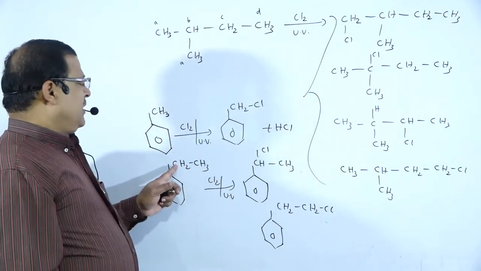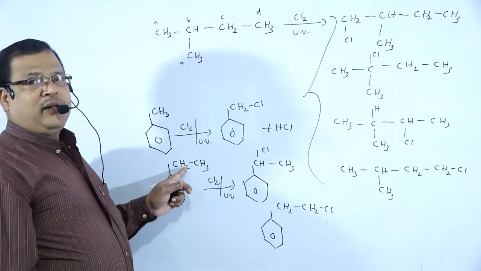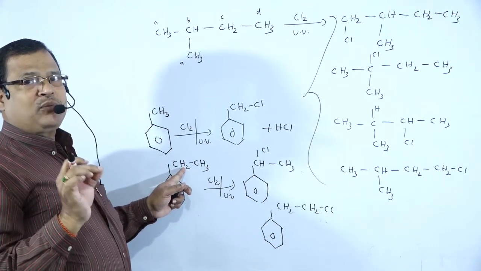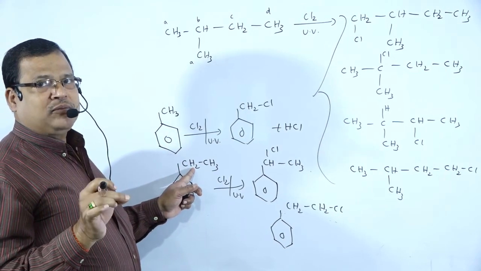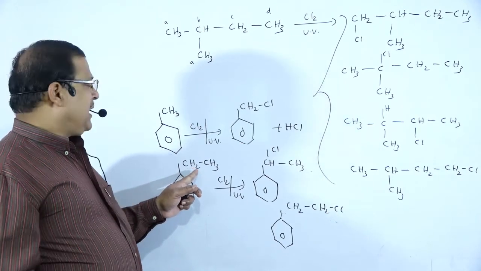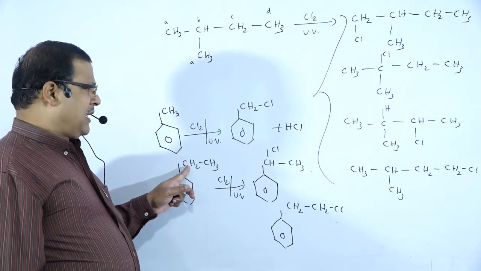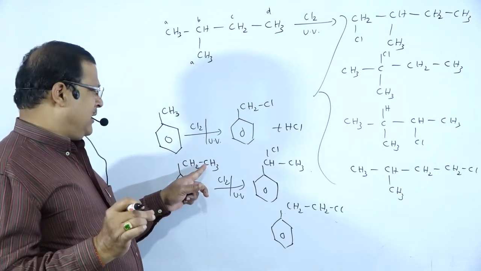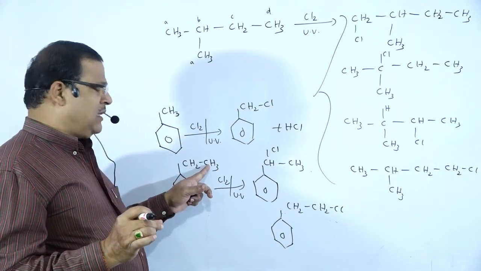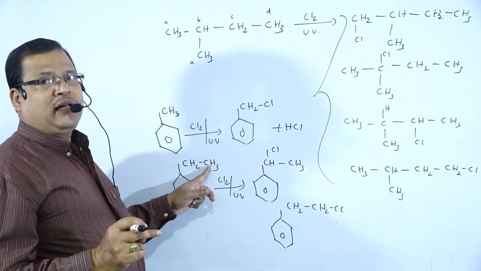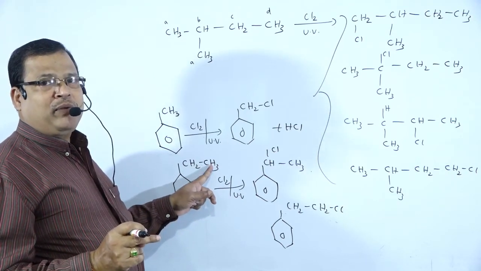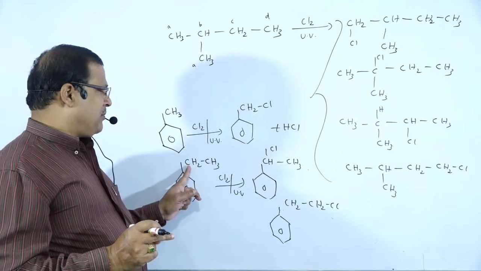Why? During the mechanism we have explained that chlorination proceeds through a free radical mechanism. If a hydrogen atom is replaced from this one, it will produce a secondary free radical, and if replaced from this one, it will produce a primary free radical.